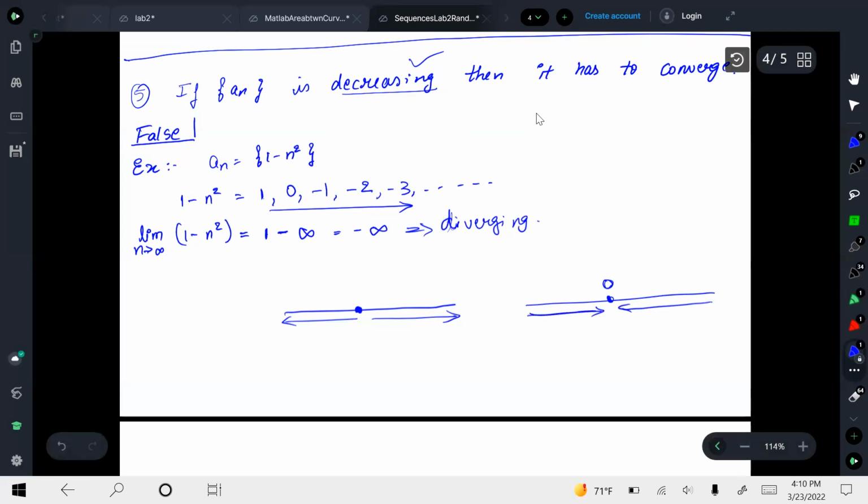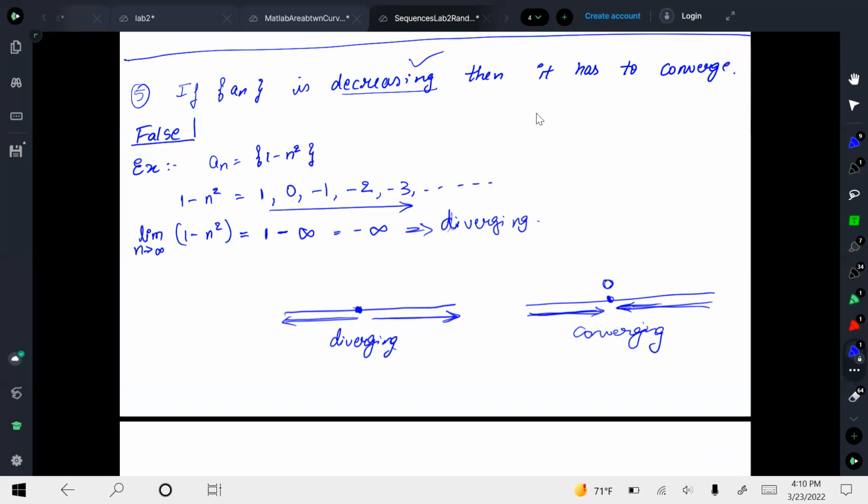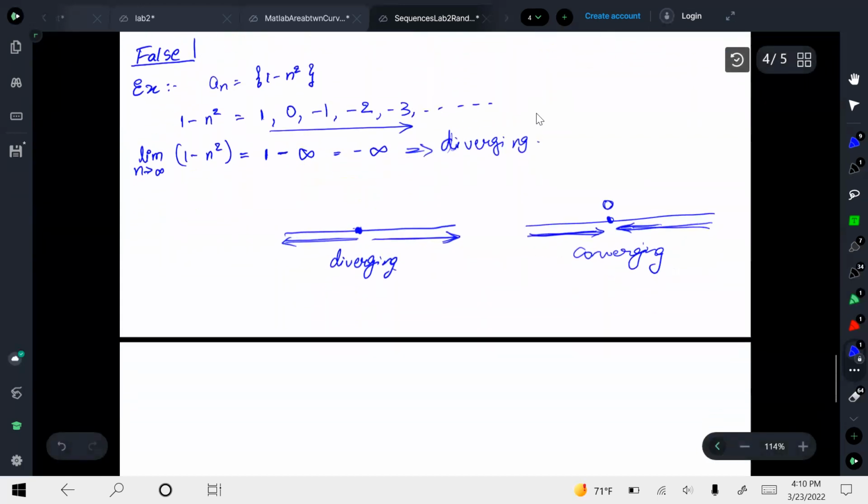So this is like converging, right? Coming together. So converging. If you're going far away from a point, that is diverging, if you're going to infinity. Got it? I guess it will help.